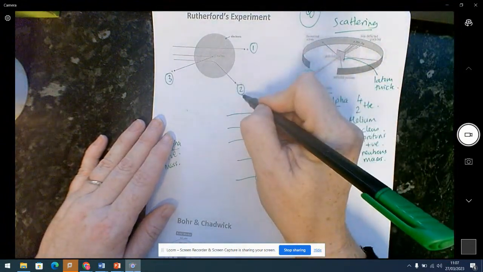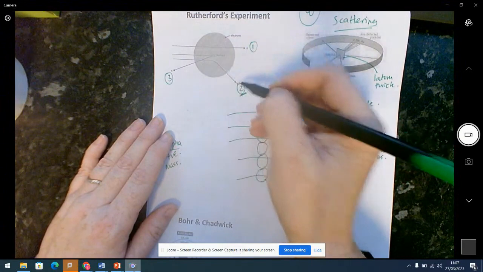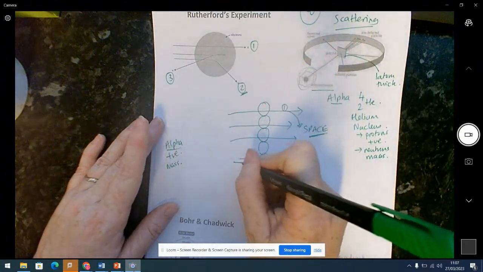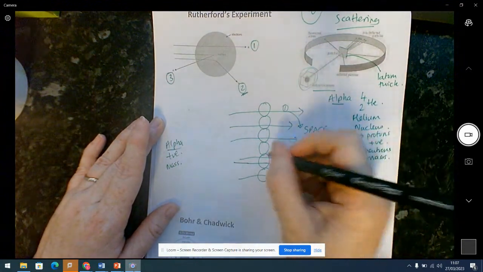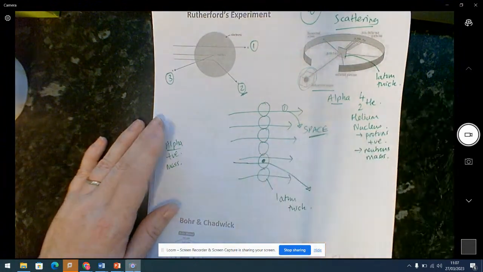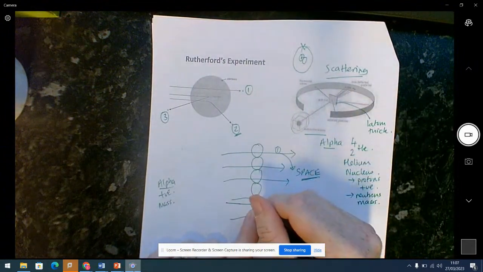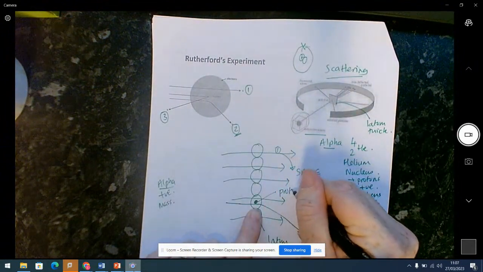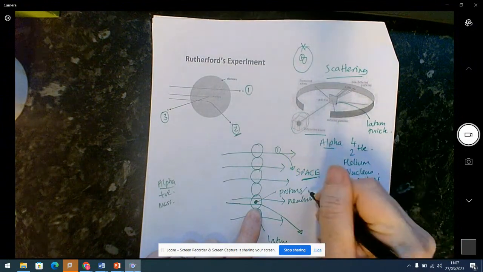In addition to that, what we also saw is we got this slight deflection away. Now this happened when the alpha radiation actually got really close to the nucleus. Okay, now we know from today's current model that the nucleus is made up of protons and neutrons, and protons are positively charged.